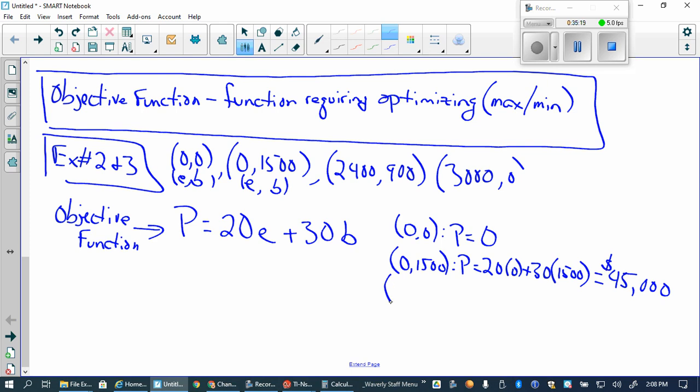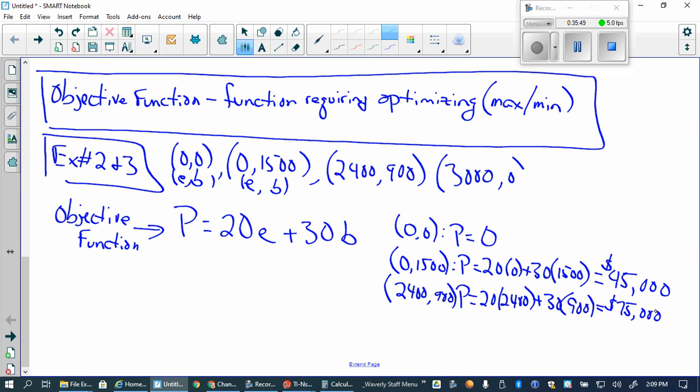What about at 2,400, 900? So that profit would be 20 times 2,400 plus 30 times 900. What do we get for that? 75,000.